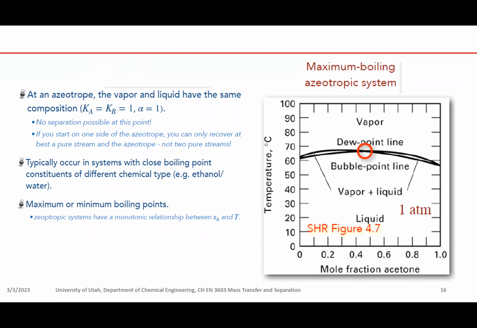And at the azeotrope point, it's like these two species chemically want to be with each other, so that you have to give more energy to boil them, compared to just boiling the pure phase, right? They like to be with each other.